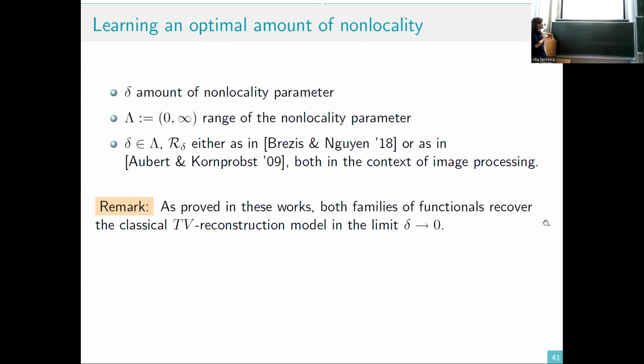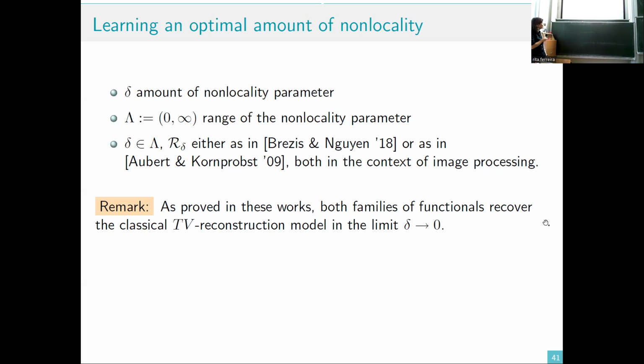And actually in this case, we addressed two classes of functionals. One was not introduced by Brezis and Nguyen, but they fully studied this kind of functionals. I will present them to you, but these were originally proposed by Morel and co-authors in the early 2000s, and we are also going to address a class of functionals that was introduced by Oberhauser and Kornprobst, both in the context of image processing.